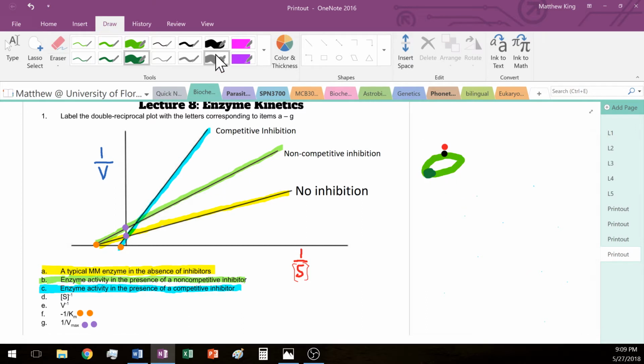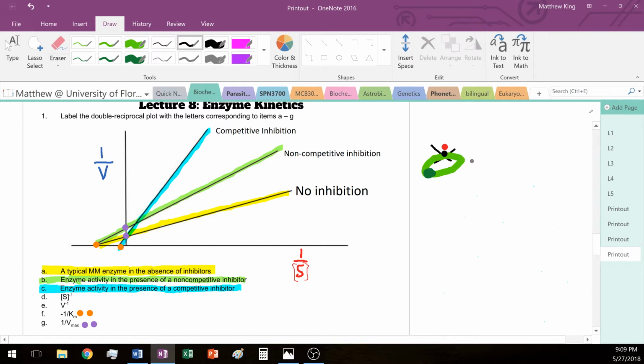And what that's going to do is completely invalidate the normal active site. It's going to maybe make a conformational change in the enzyme, or it's going to close it up or something like that.